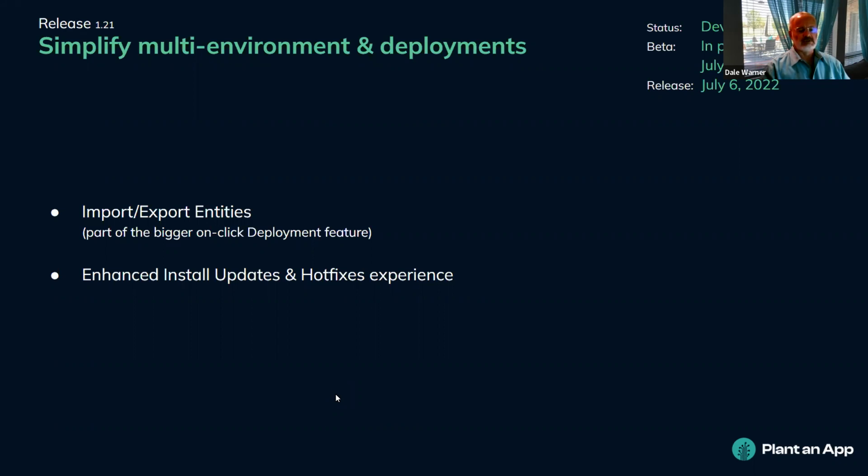This particular release has lots going on in it, but the two major external stories that you will see in the product are the ability to export and import entities, which solves a part of the problem of deploying in multiple environments.